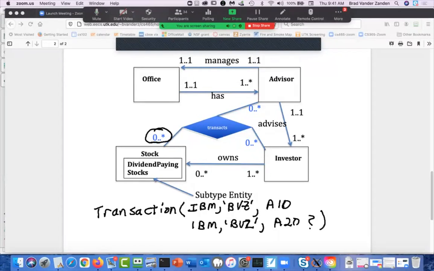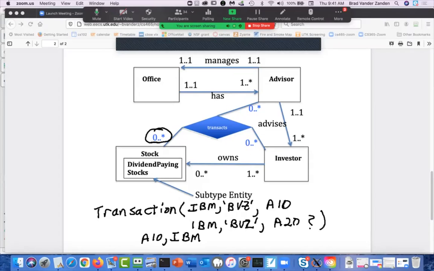for a particular stock and an advisor, so we have an advisor like, say, A10 and IBM. The question is, can A10 purchase IBM? How many investors can A10 purchase IBM for? And the answer is probably many.